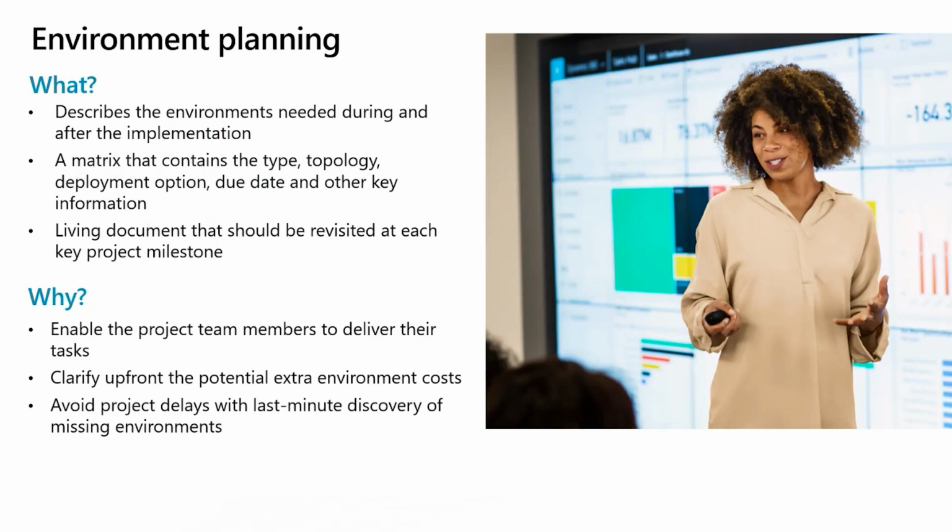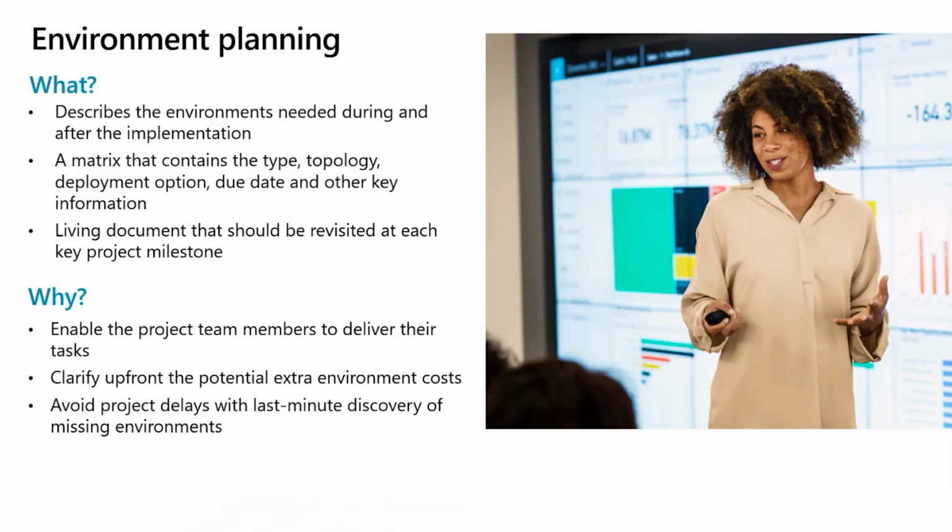Environment planning describes the environments that are needed during and after implementation. So you'll be provided a matrix. And this matrix will contain the type, the topology, deployment option, due date, and other key information. It would be a living document which you would be revisiting at each key project milestone.